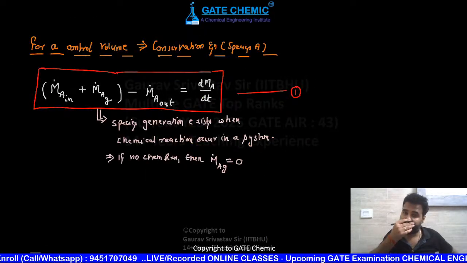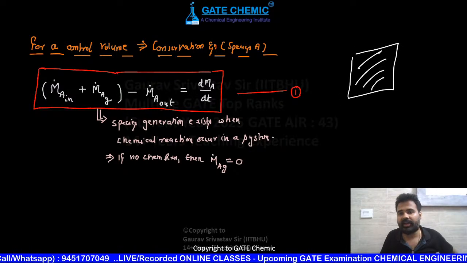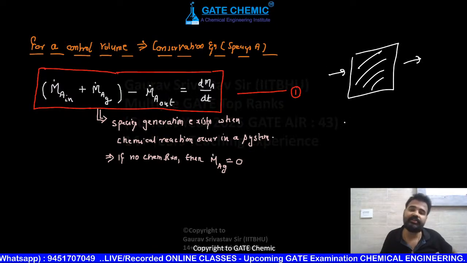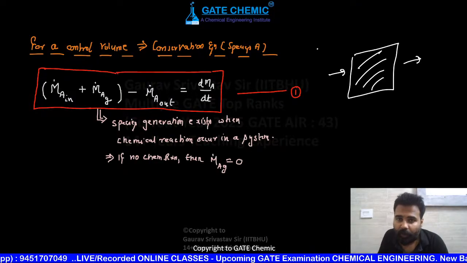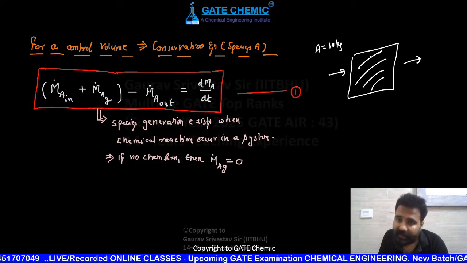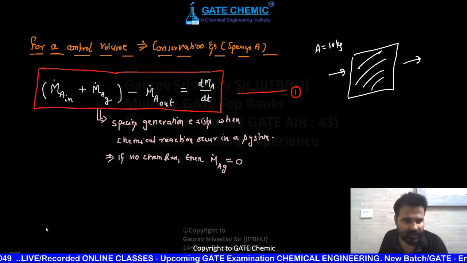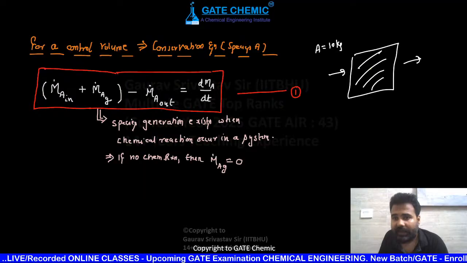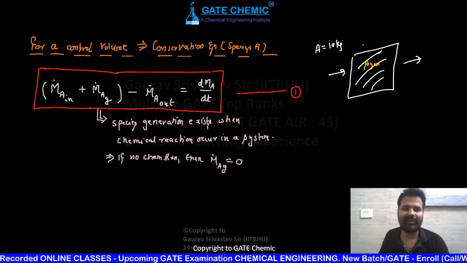See, very easy. Suppose you are taking some control volume and you want to check how things change in this control volume. So my dear students, suppose A entered here, 10 kg. Inside this system, suppose A is generated. How generated? Some chemical reaction can be there.